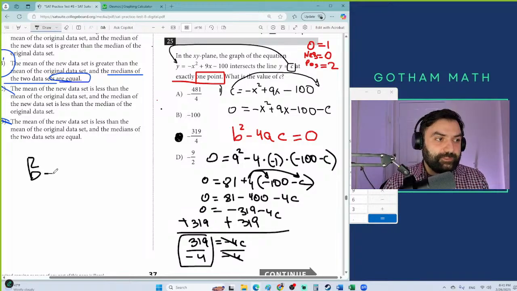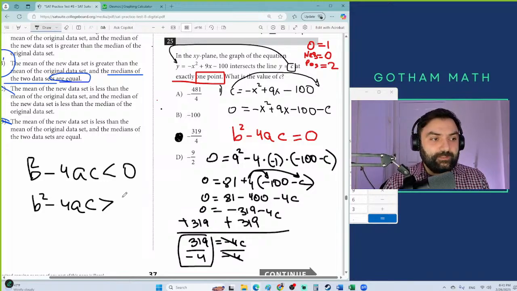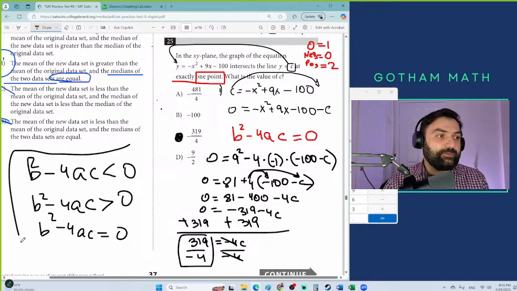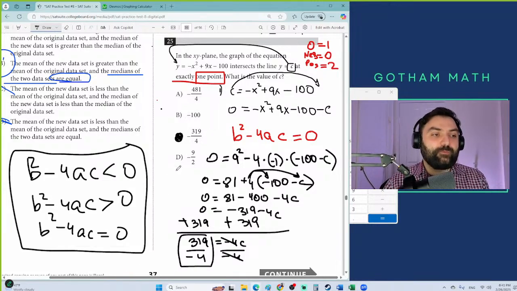These are the options. b squared minus 4ac is going to be either less than 0, which means negative, greater than 0, which is positive, or equal to 0. This is the whole difference. But one of them is coming. One of them will be on a test, depending on what they say in the problem.